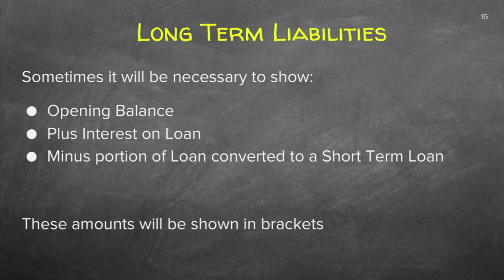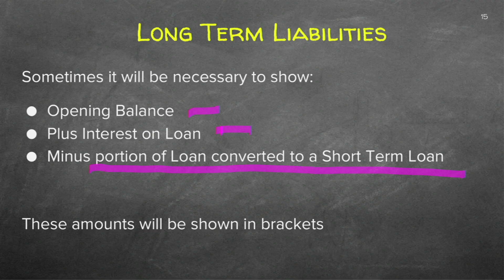However, sometimes you are given a statement from the bank or the financial institution or from whoever you have borrowed the money from, showing the activities during the year. There will be the opening balance plus the interest on the loan, because remember, we don't get it for nothing, we have to pay for it, minus the portion of the loan that is converted to a short-term loan.